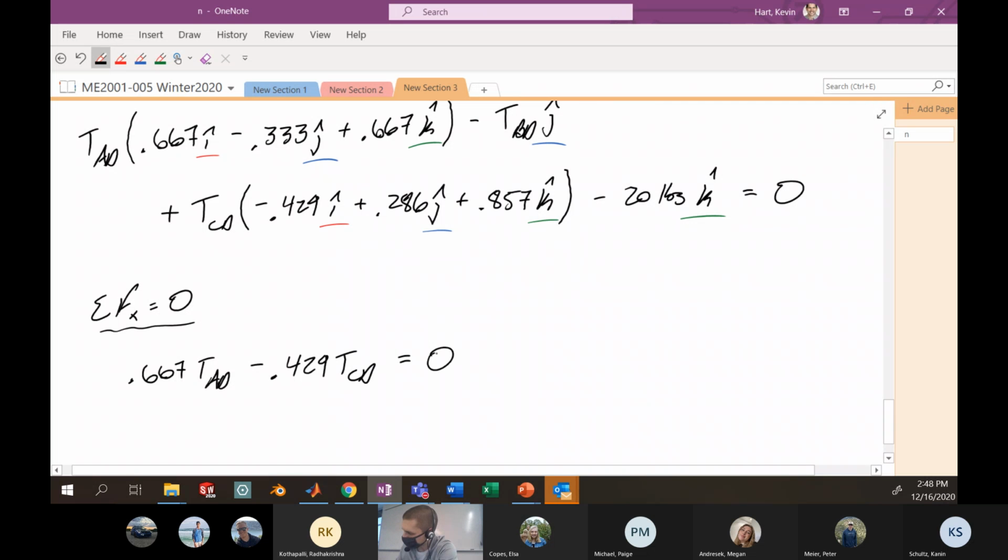And those are the only X components that I have here. I can't solve for each of these directly, but I can come up with a relationship between the two. So you can solve for one of the 2 variables here, and we'll plug it in later. Here I've done TAD is equal to 0.643 TCD. Maybe we call this star, and we'll use that later.